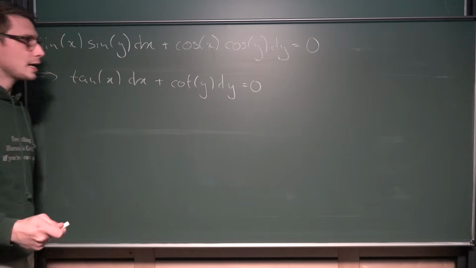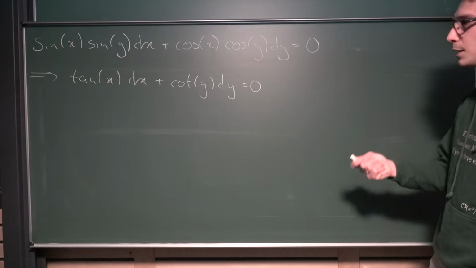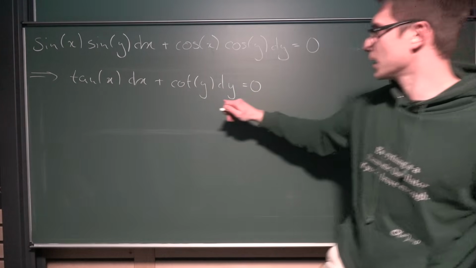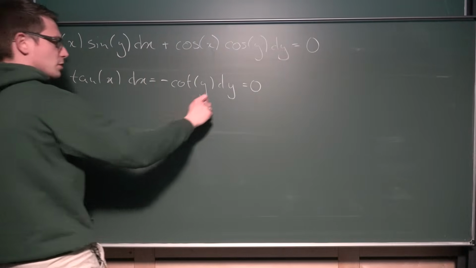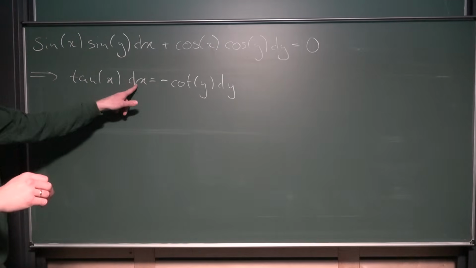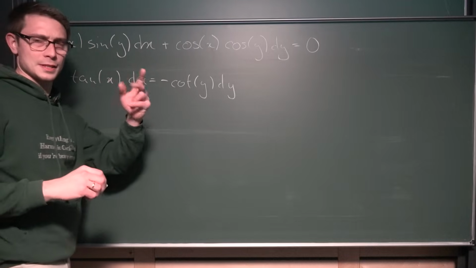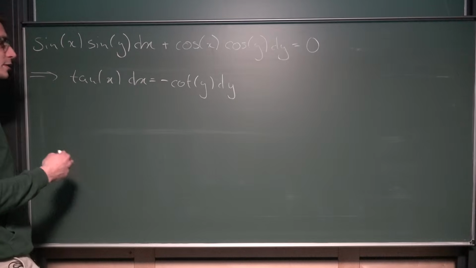Okay. And yeah, now we can just start separating this. So we are going to subtract this part on both sides, giving us tangent of x dx is equal to negative cotangent of y dy. And then we can divide both sides by dx, basically. This is the engineering way, or we can just simply integrate both sides with respect to x.